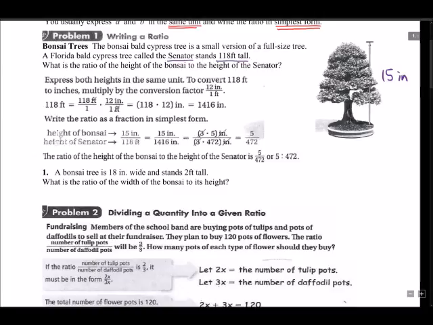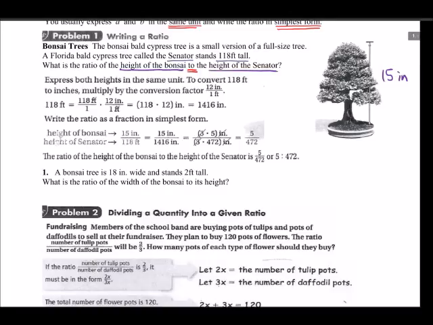And we want to know the ratio of the height of the bonsai to the height of the Senator. We are told what order it goes in. If you're not told, you can put them in whichever order you like, but that makes it all the more important to make sure you label everything properly so we know what we are comparing.